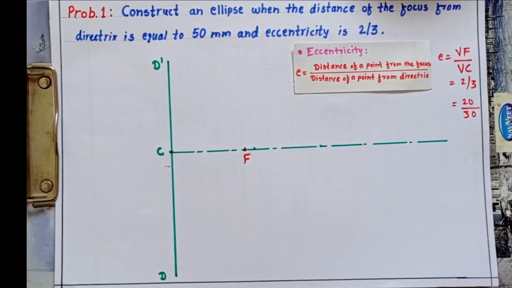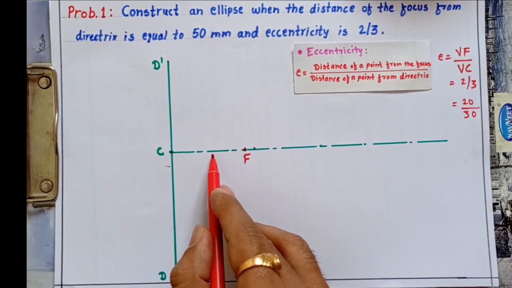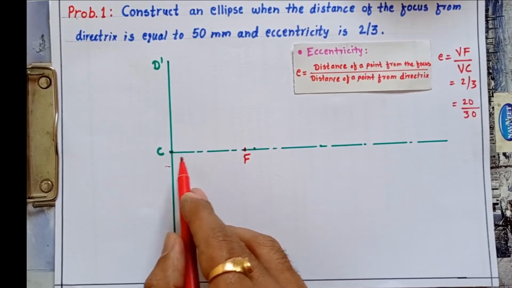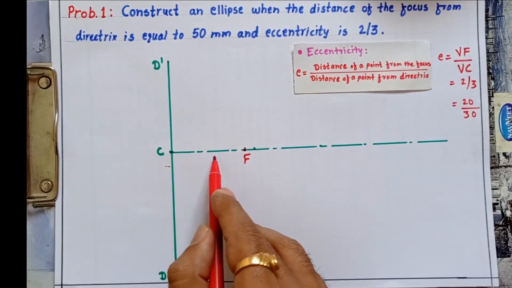So it means that the vertex point V, if you measure from the focus point, is to be marked at a distance of 20 mm, and if you mark it from the point C, it will come at a distance of 30 mm.